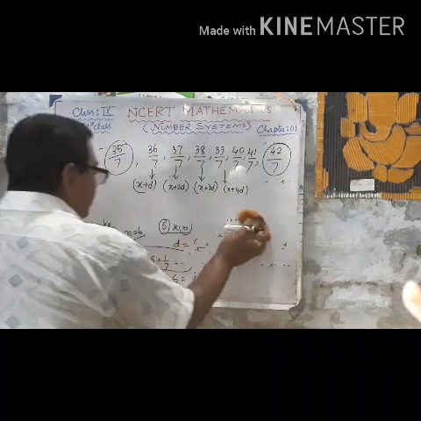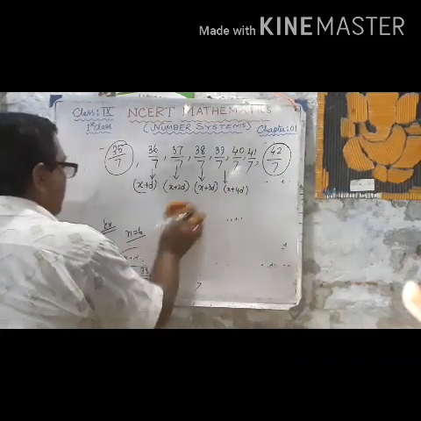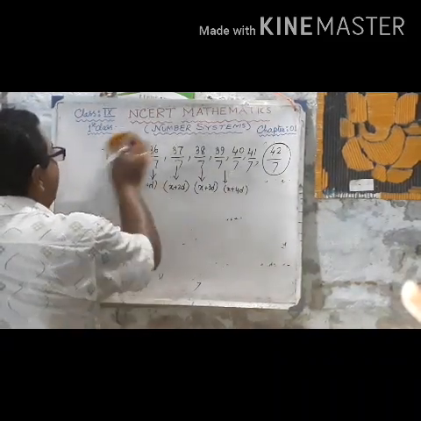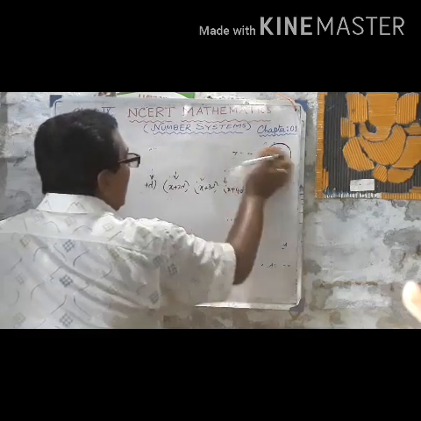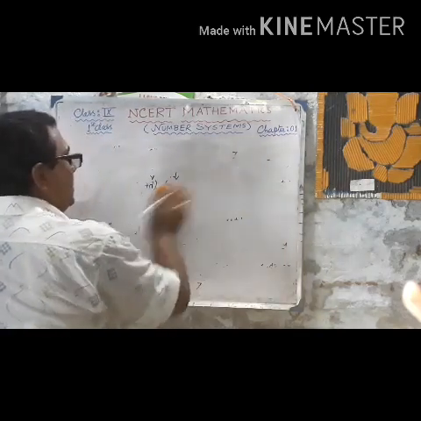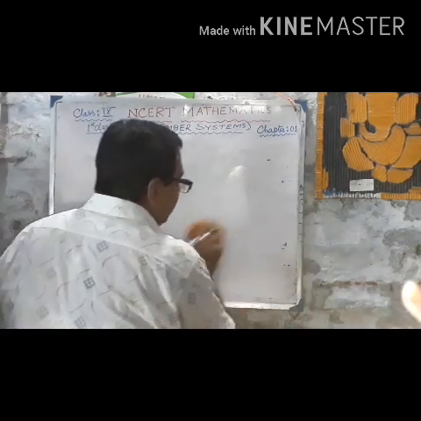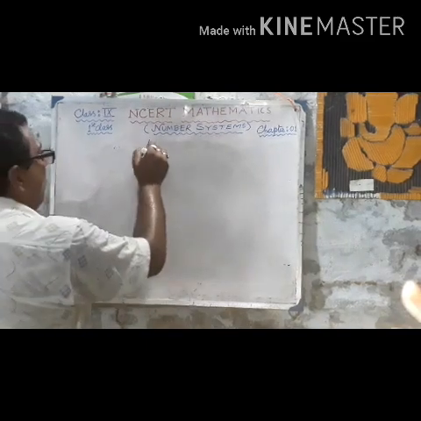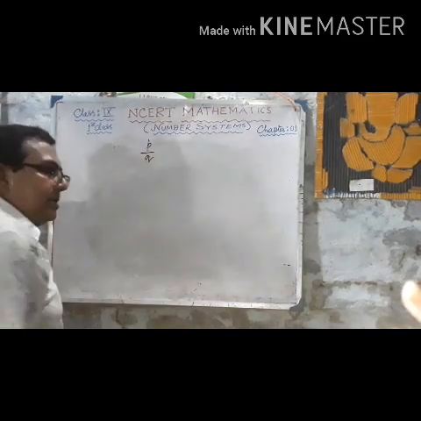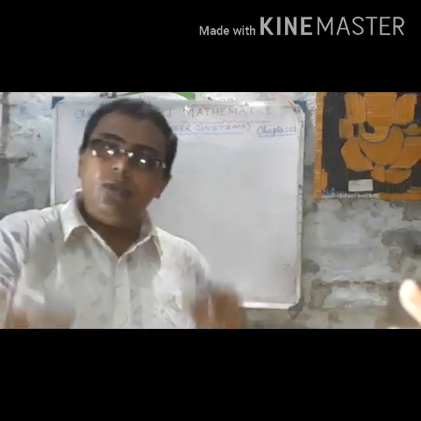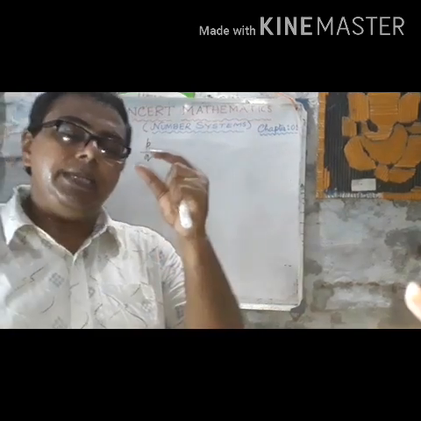Now we have to discuss irrational numbers. What do we mean by irrational numbers? The numbers which cannot be expressed in the form p by q, where p and q are integers and q is not equal to 0, are called irrational numbers.